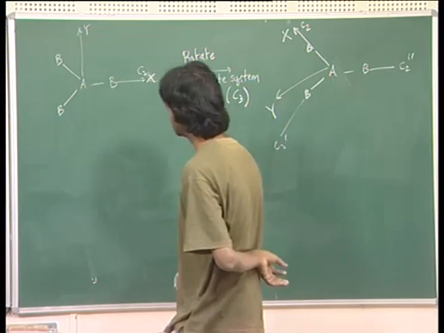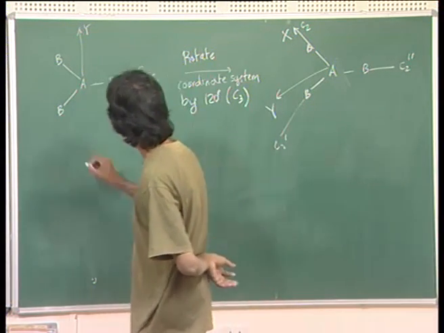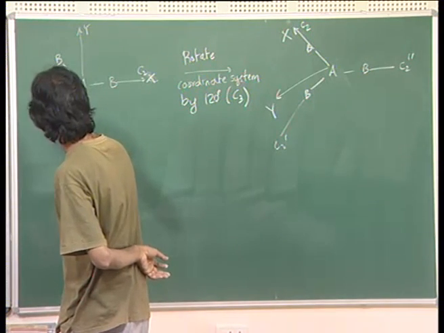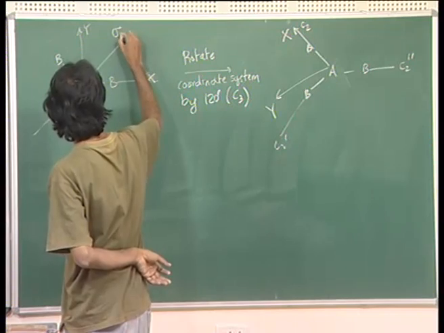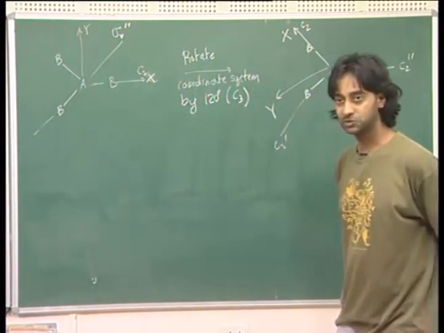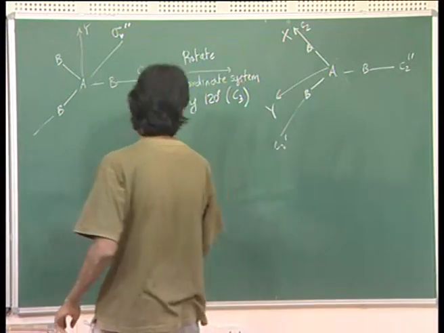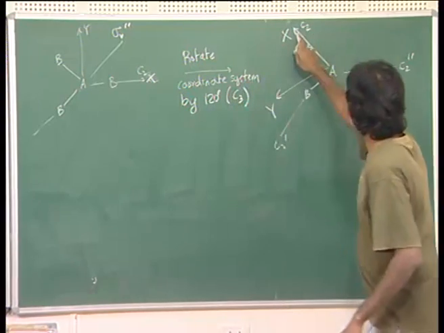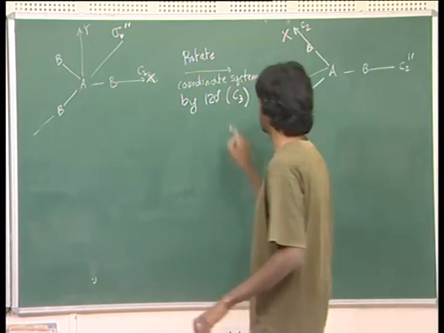You can easily show that suppose I had taken the coordinate axis and reflected by sigma v double prime. So C2 now points along this, C2 prime points along this, and C2 double prime points along this for rotation.